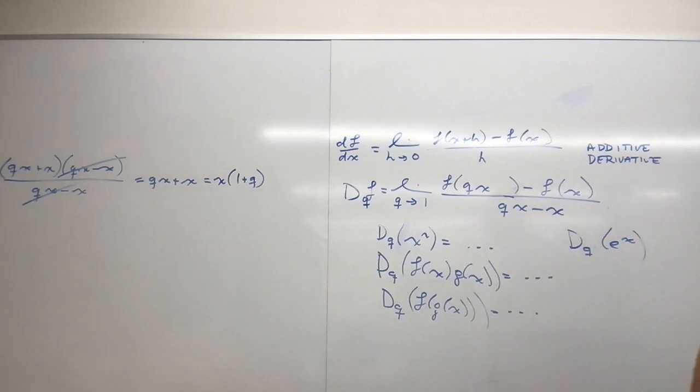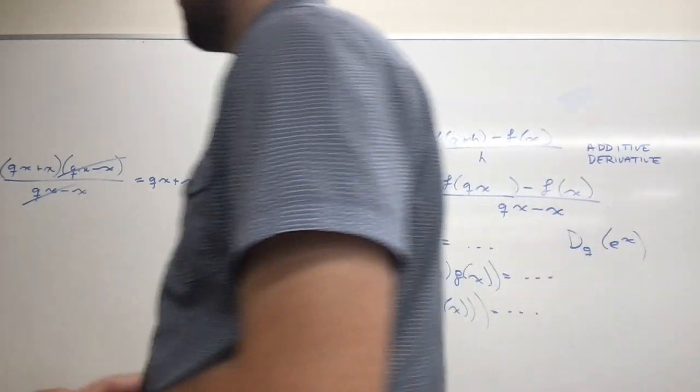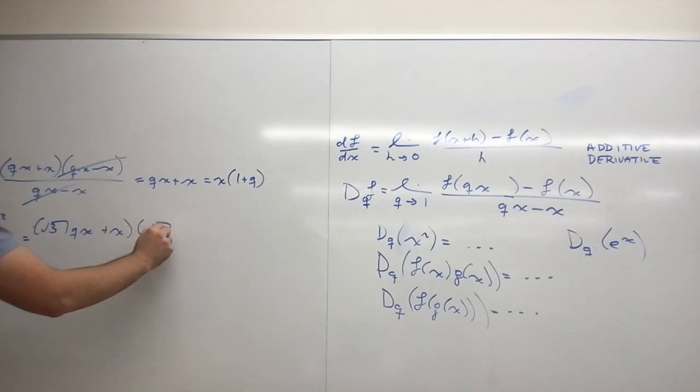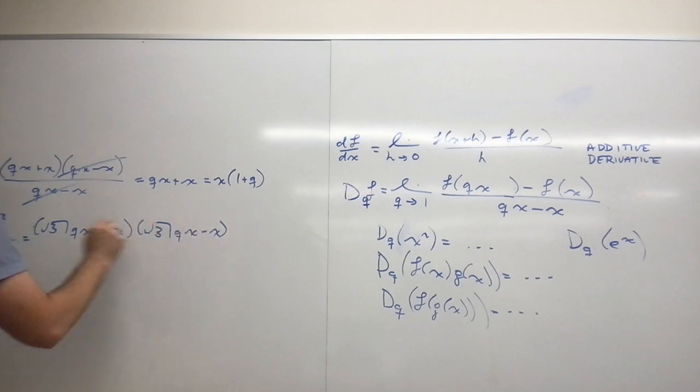So if you had 3x squared, would it be x times 3 plus q? That's just a guess, right? Good question. I don't know. Let's see. 3x squared. So f of qx, we should get 3q squared x squared minus 3x squared over qx minus x. So this is root 3 qx plus x times root 3 qx minus x over qx minus x.